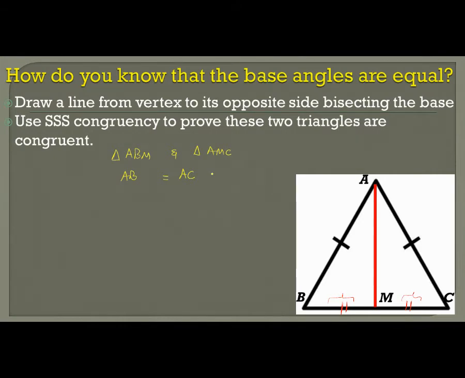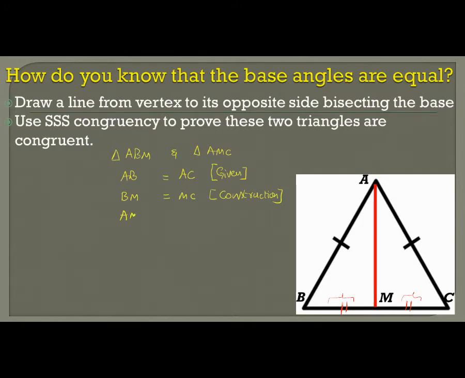In an isosceles triangle two sides are equal, so it's given, or this is the isosceles triangle property. And BM equals MC by construction. So these two sides are equal.